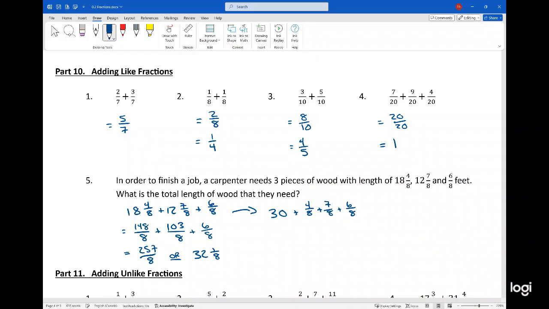In fact, this is how I'd probably do it, just because it's a little bit faster for mental math. And then we've got 17/8 on the rest of those little pieces. And that's 2 and 1/8, which is 32 and 1/8. So I could have done it a little bit faster doing it that way without a calculator, but either way, you get the same answer.